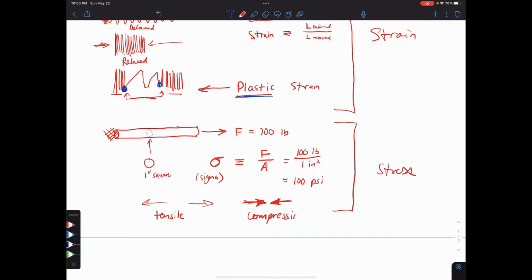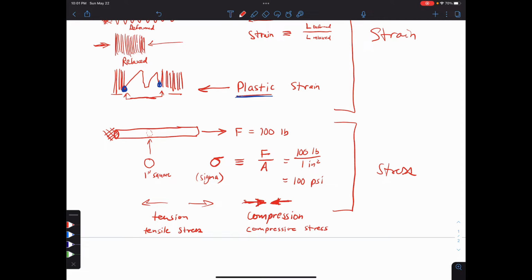Compression. Okay? Or compressive stress. So let's do this real quick. Let's put tension or tensile stress. Okay.